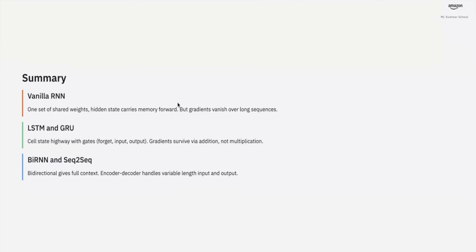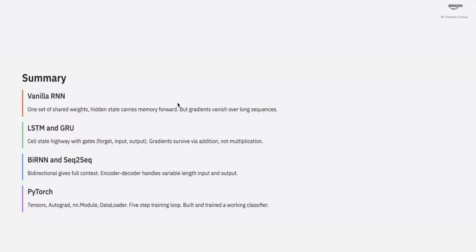And finally, we have PyTorch, with four building blocks: tensors, autograd, nn.Module, and DataLoader. Every model you will ever build in PyTorch uses all four of them. The training loop has exactly 5 steps: zero gradients, forward pass, compute loss, backward pass, and optimizer step.